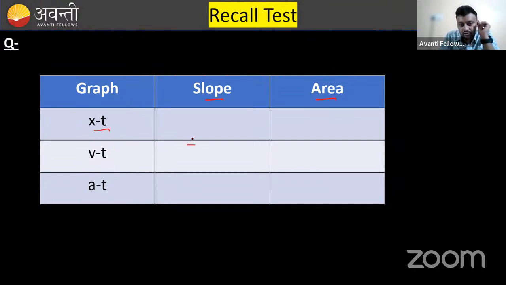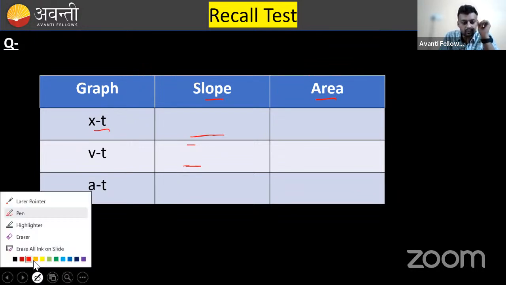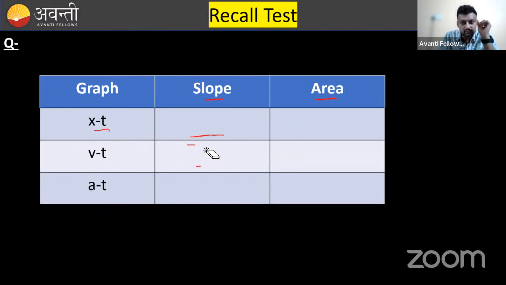You need to fill in this column, and slope of vt graph gives what, you need to fill in this column. Is it clear to everyone? What is the task that you are assigned with? Clear. So let's start.